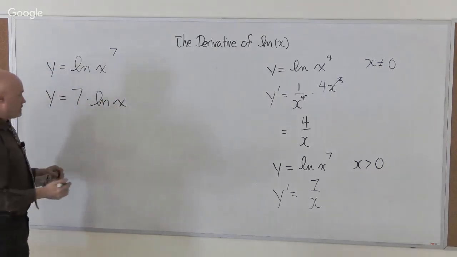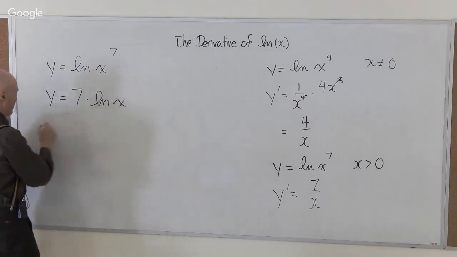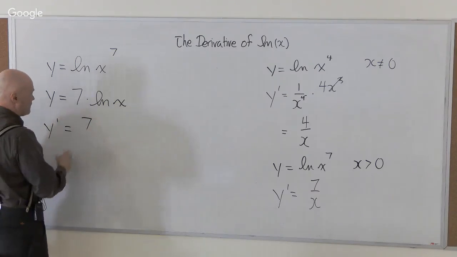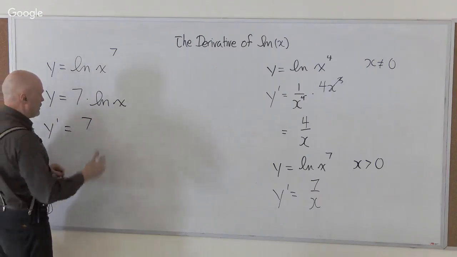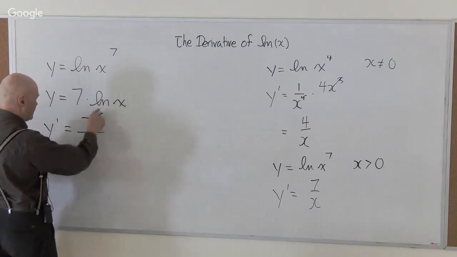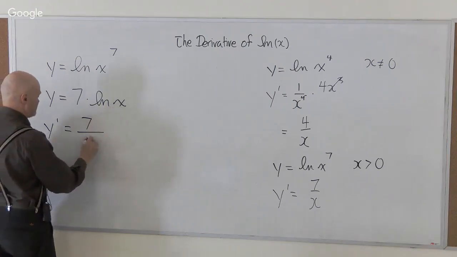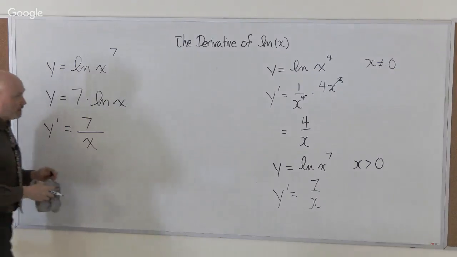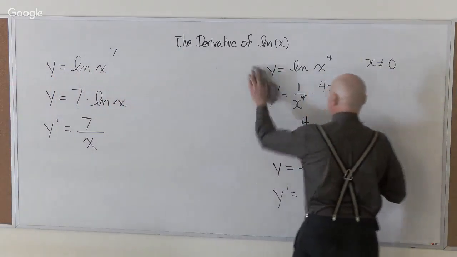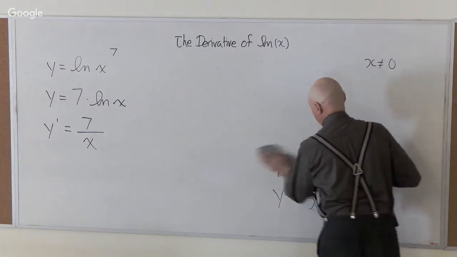Now when I take my derivative, I just use my constant rule. The derivative of a constant times a function is the constant times the derivative of the function, and the derivative of the natural log of x is just 1 over x. So there we go. Boy, we could have not done a bunch of chain rule stuff if we just thought about that a little bit sooner.